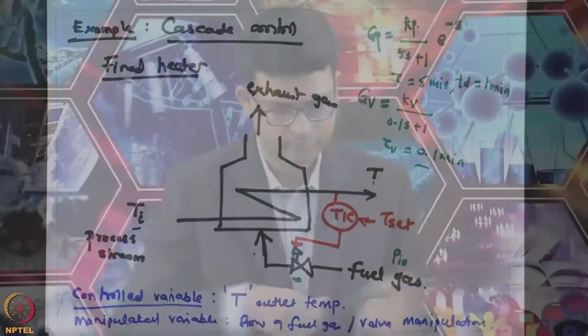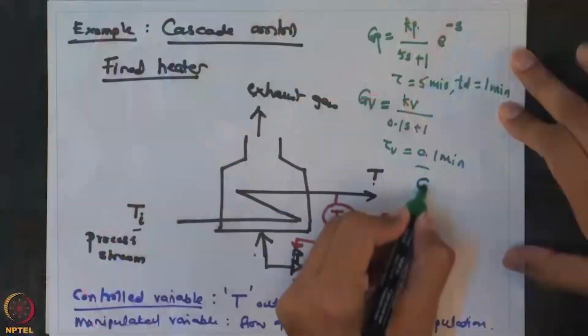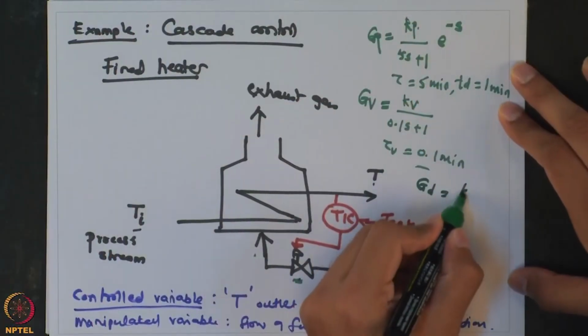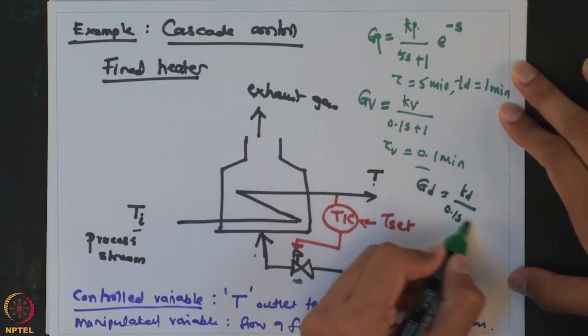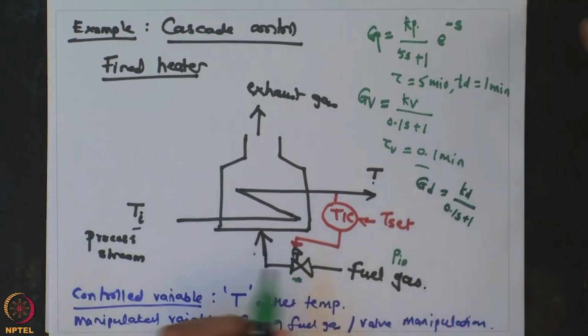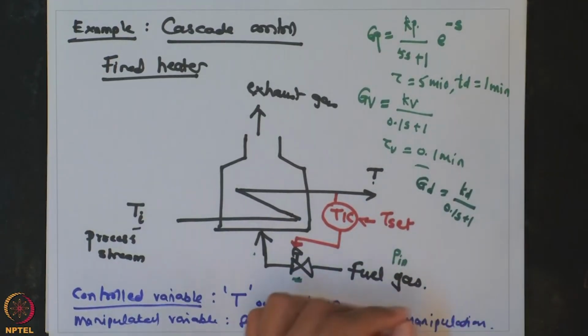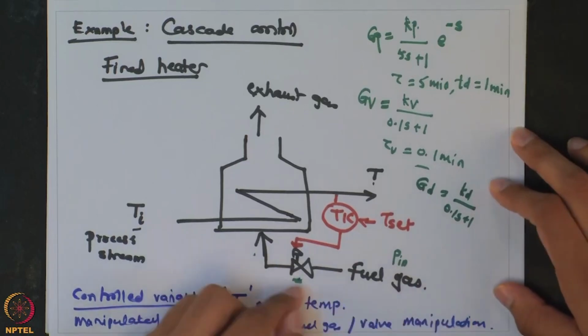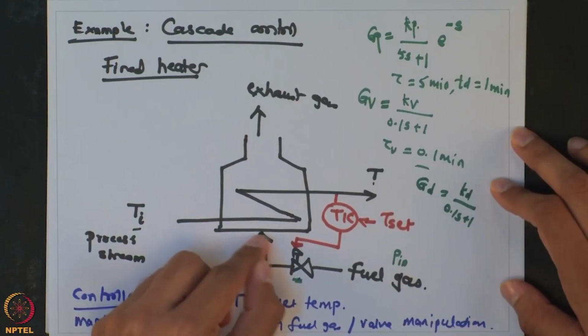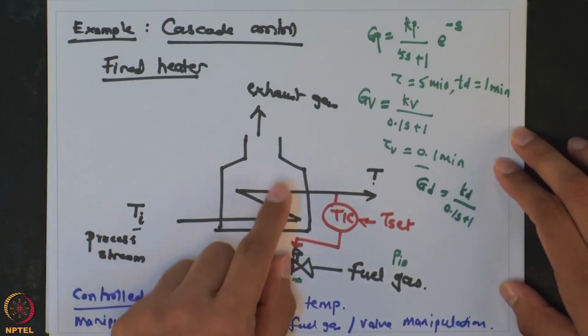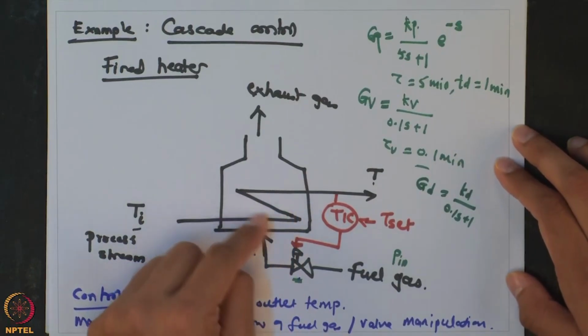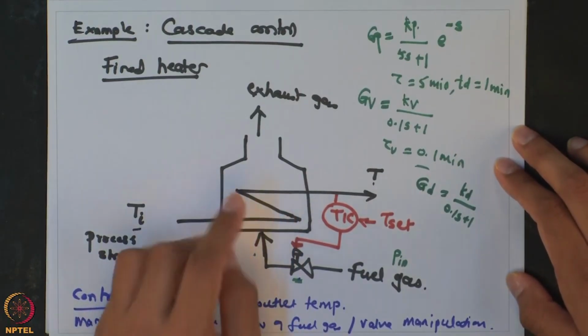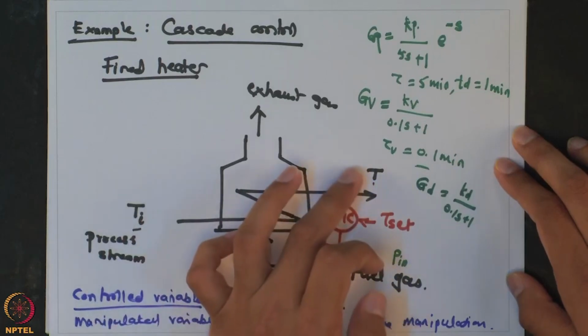So, let us write that transfer function as GD. So, the flow will increase and as the amount of fuel which is going into the furnace has increased, it will increase the heat of combustion, and in the end it will increase the outlet temperature.